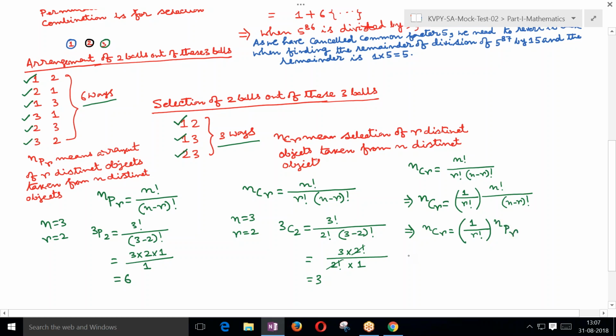So that means NPR is equal to r factorial times NCR. So the number of permutations of r distinct objects from n distinct objects is equal to r factorial times the number of selections of r distinct objects taken from n distinct objects.